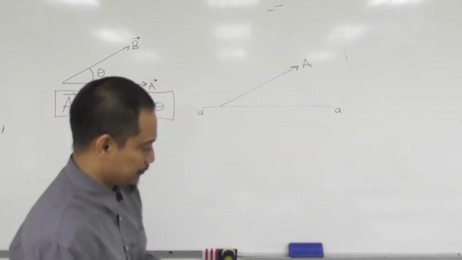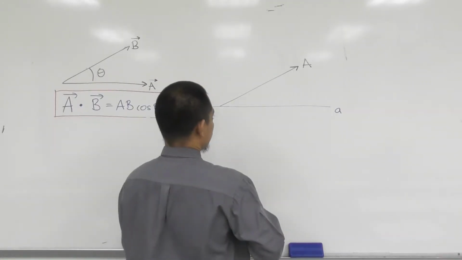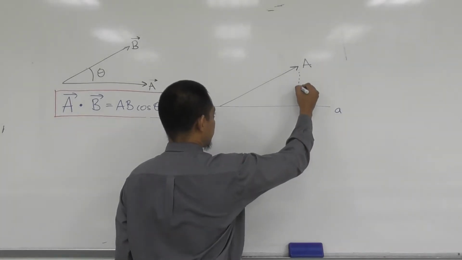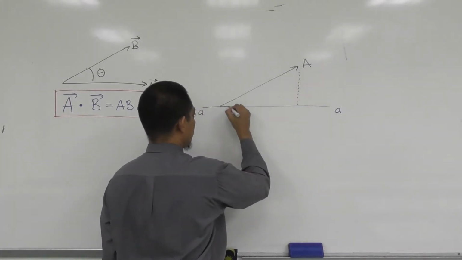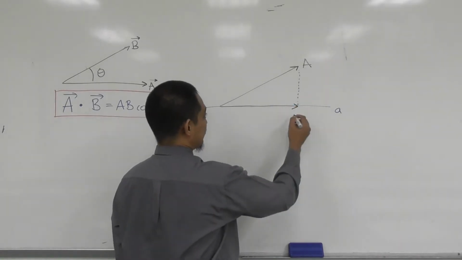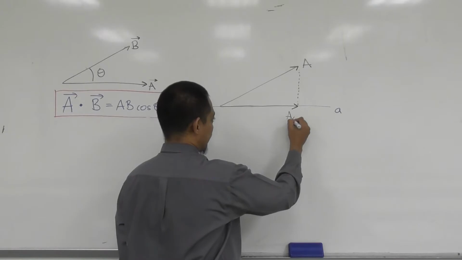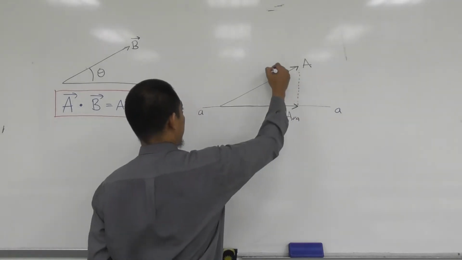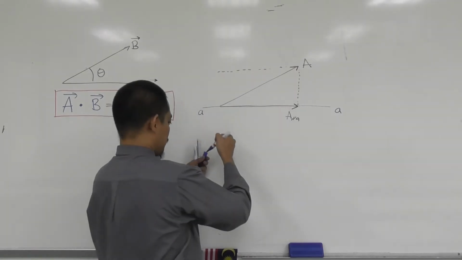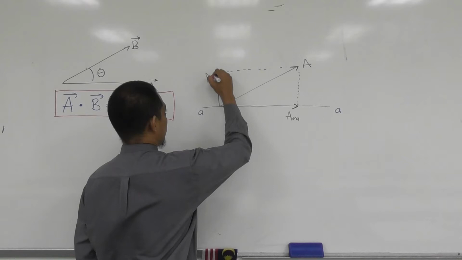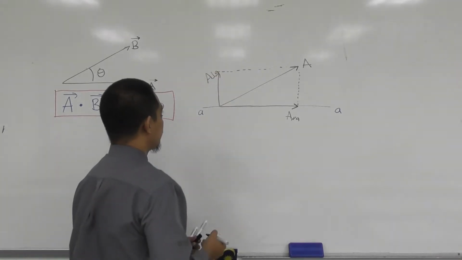And if you remember resolving force, meaning that you have something like this, where this is perpendicular, so this is a parallel on a. So if you have the parallelogram, you actually have the other component, which is A perpendicular to a.